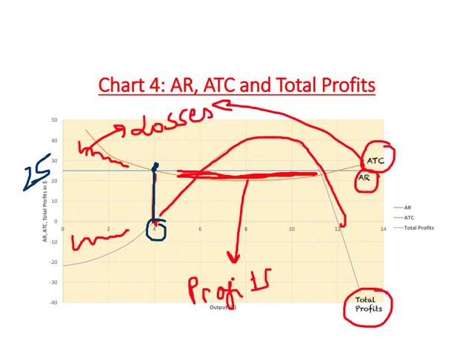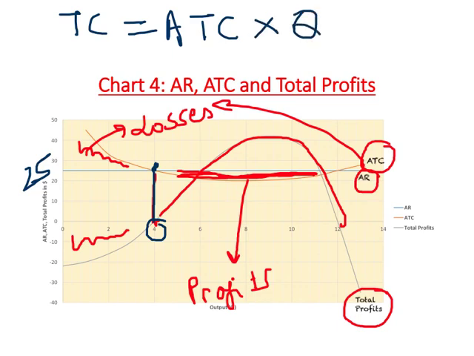And so how did we calculate total cost? Total cost is simply average total cost times output. Now what is the average total cost? It is this vertical distance. What is the total output produced is this much. Or in other words, this total cost we can figure out by looking at the area of the rectangle, which is average total cost this side, and the total output.